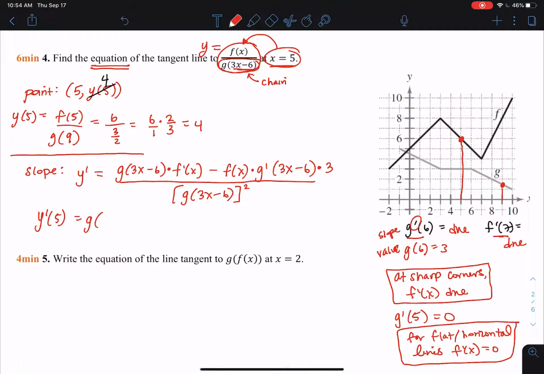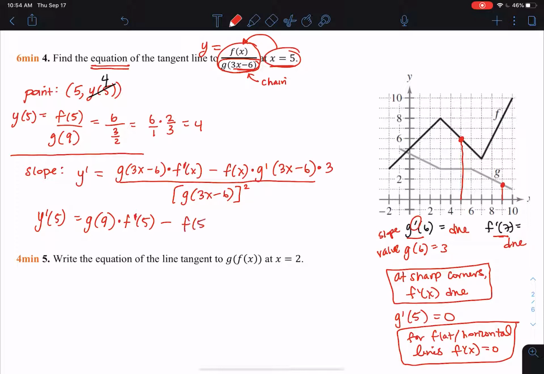Plugging it in to my expression, I see this is g of, hey, we already found 3x minus 6 to be 9 earlier, right? 9. So it's g of 9 times, and that's f prime of 5. Don't forget the prime, that's a common error.